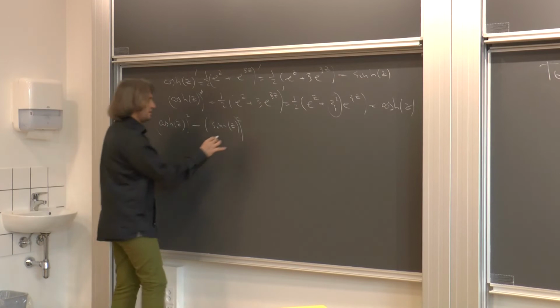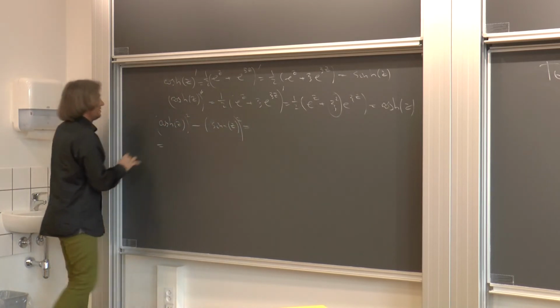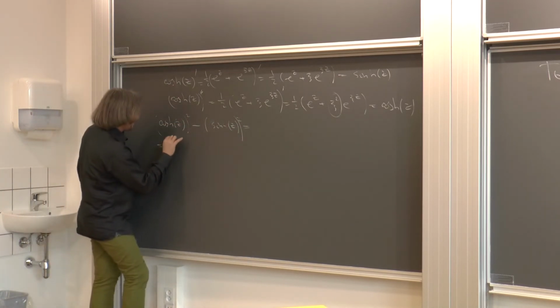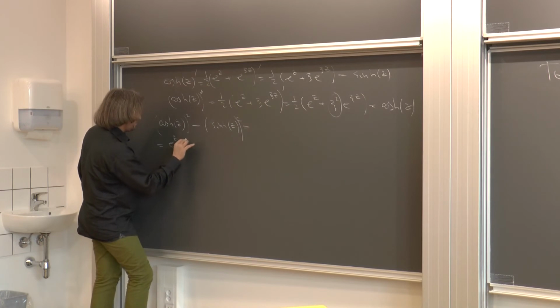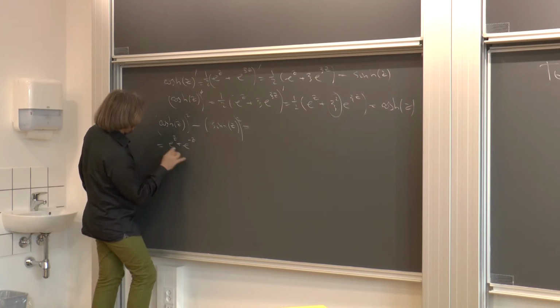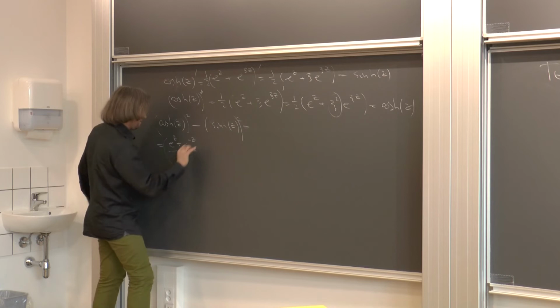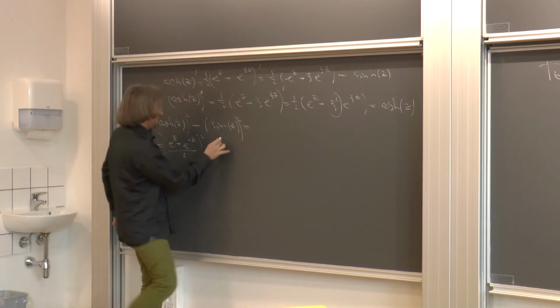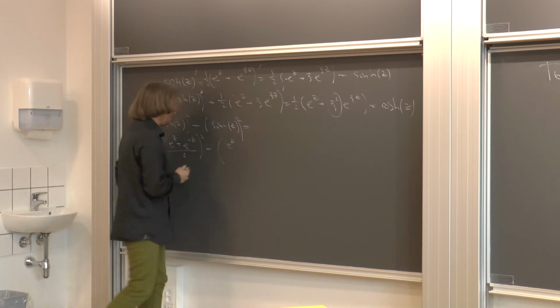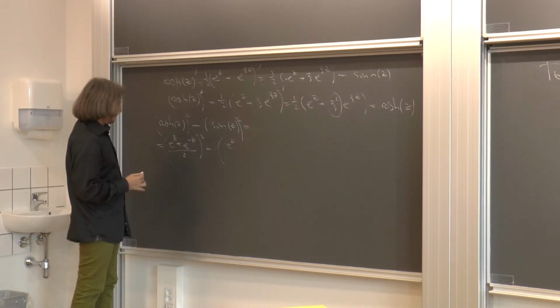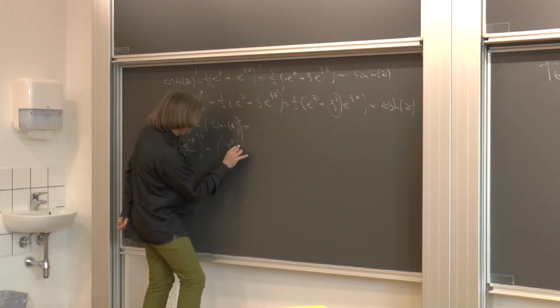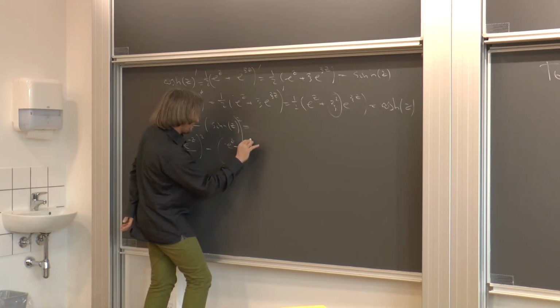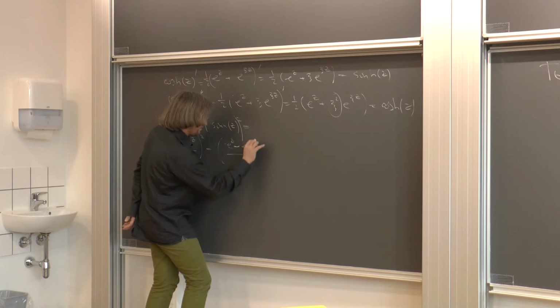So this is e to the z plus e to minus z over 2 squared minus e to the z minus e to minus z over 2 squared.